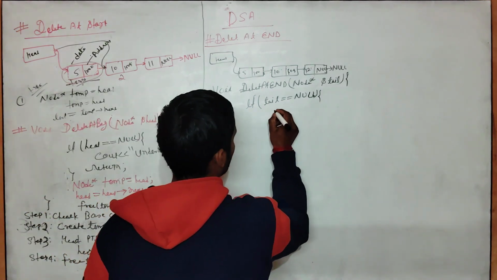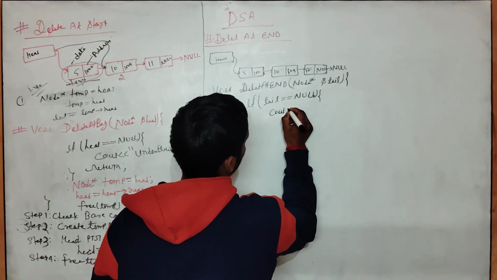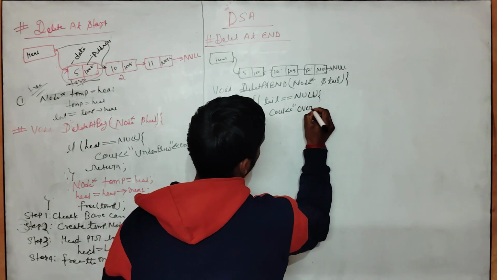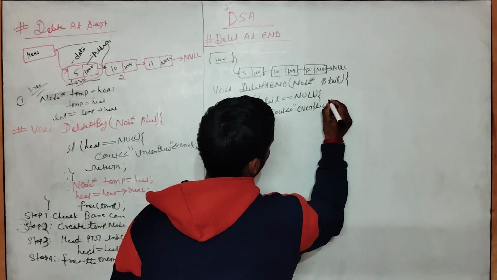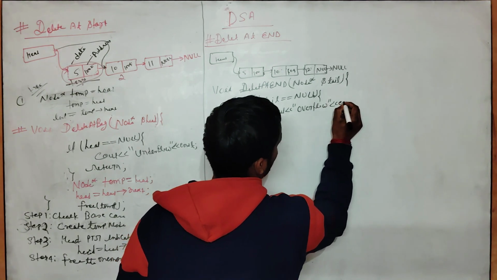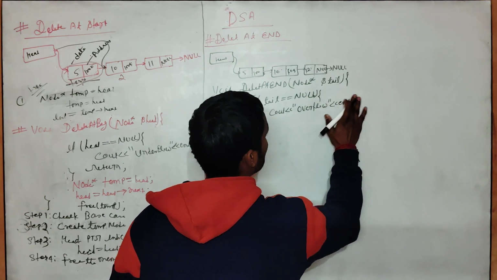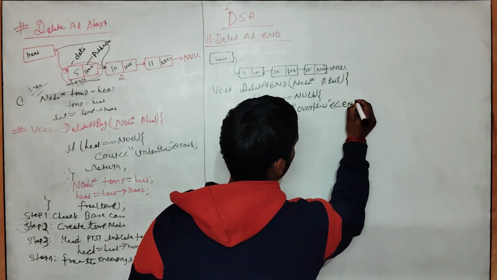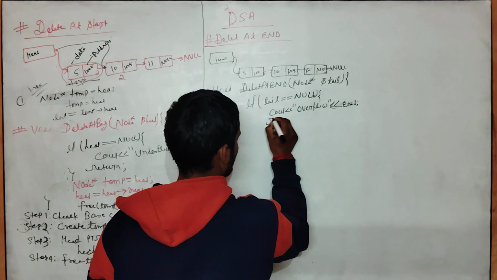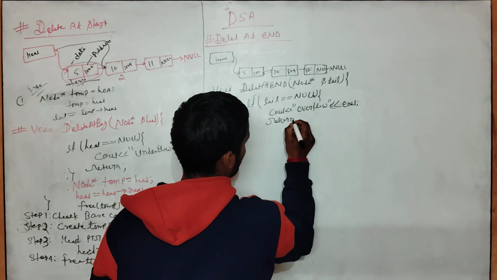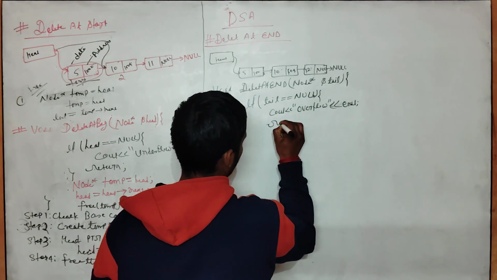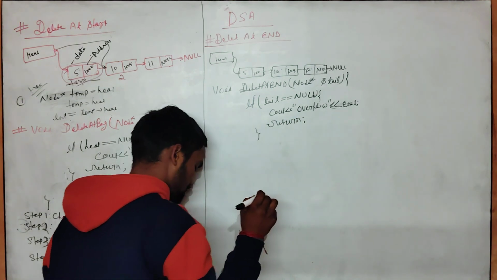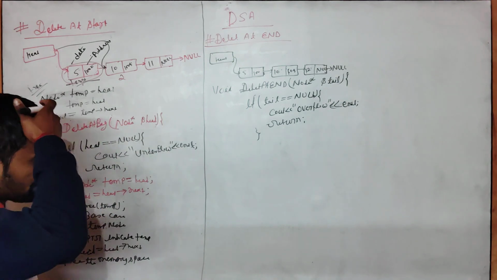Here writing cout underflow end. Fine, simply return here. Close this. Fine, am I okay?